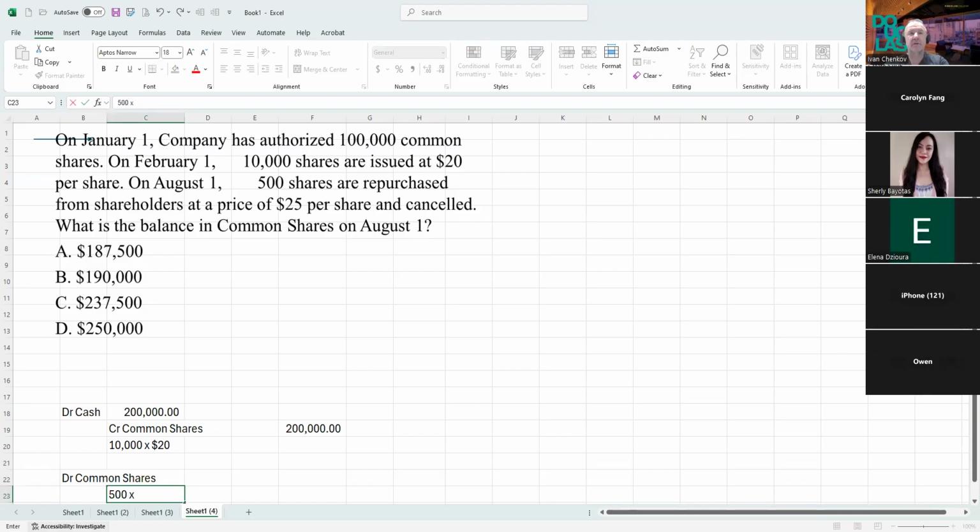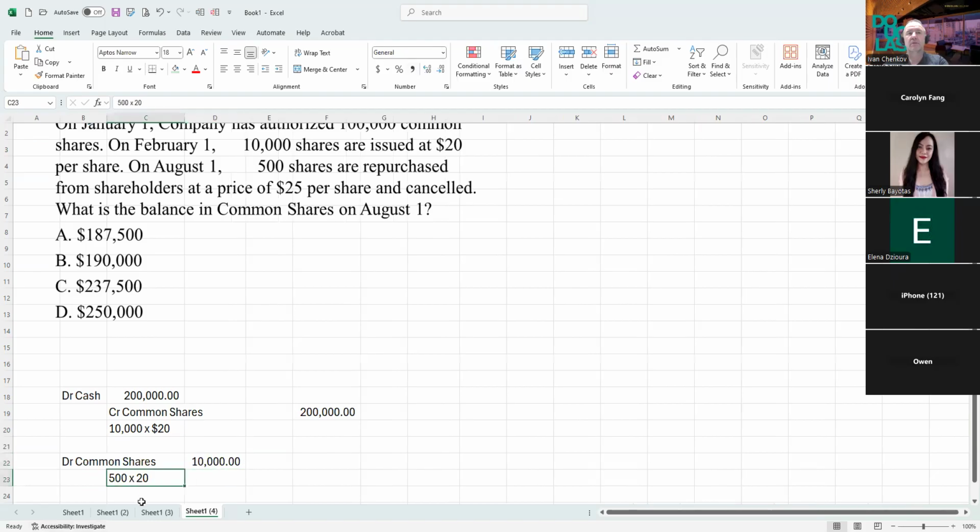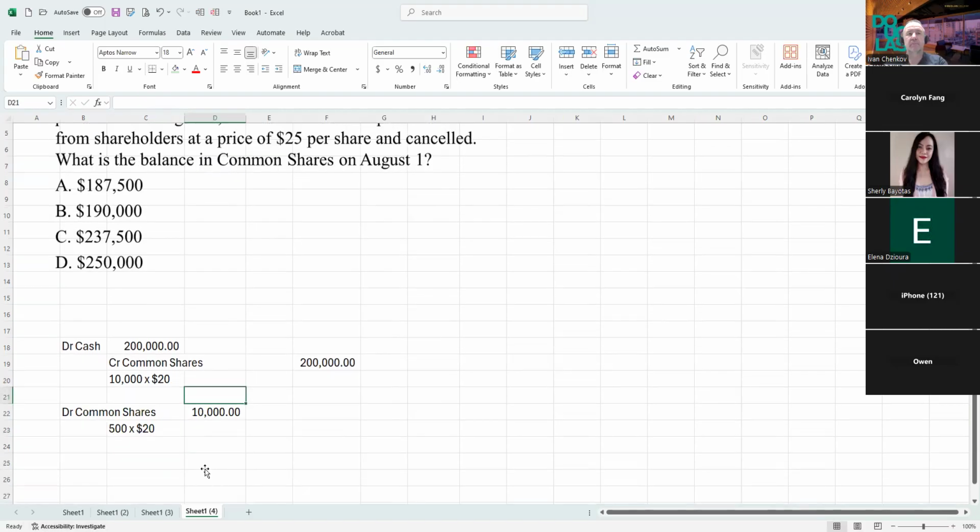And what's my average issue price for those shares? $20. So what will be the value of my common shares? $10,000. Make sense? Now, how much am I going to pay? Credit cash.